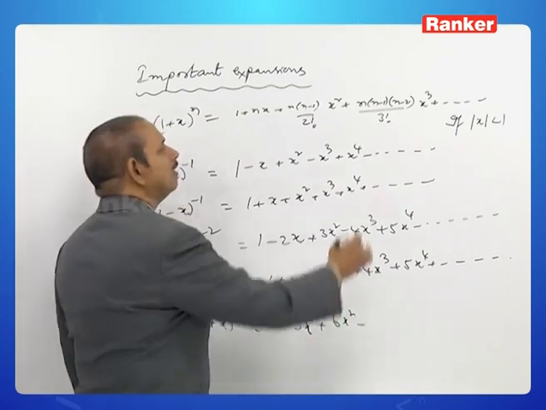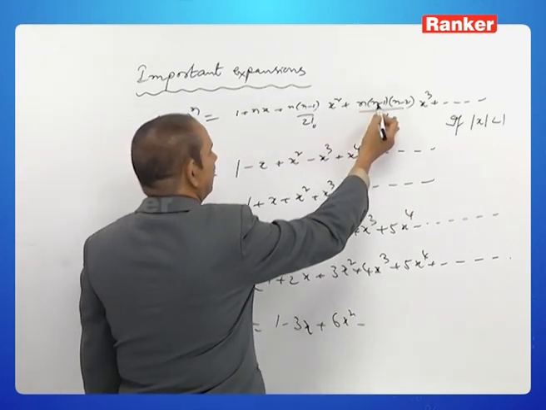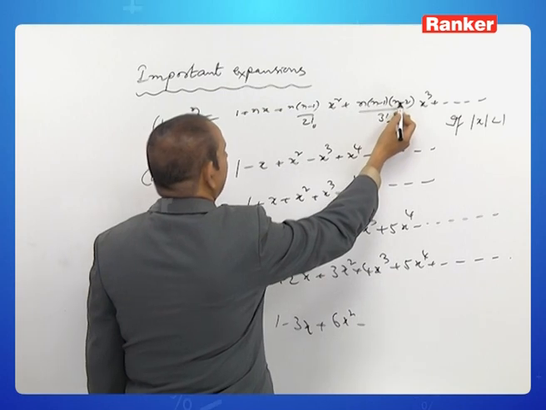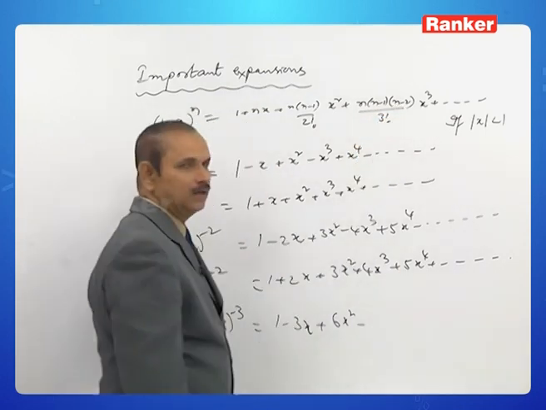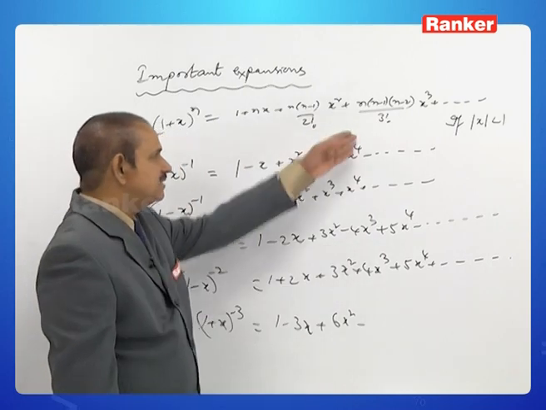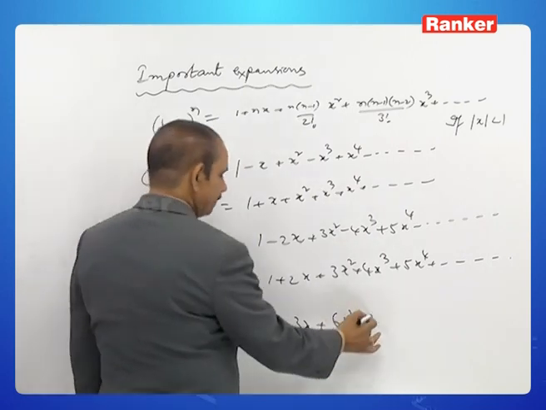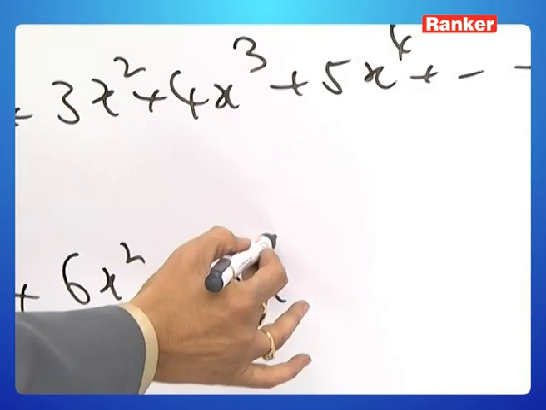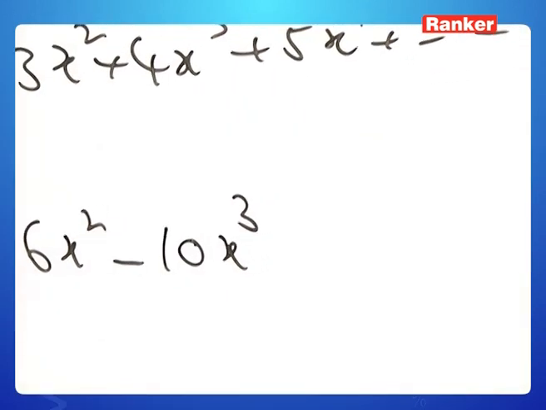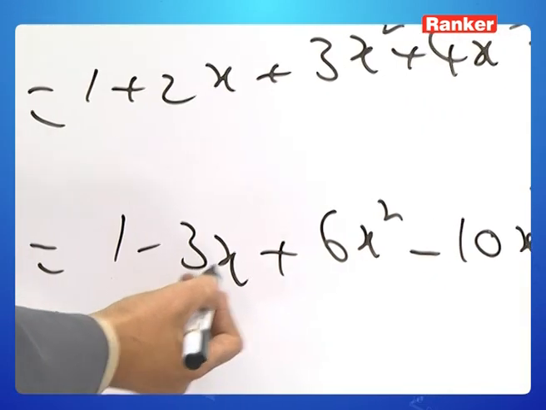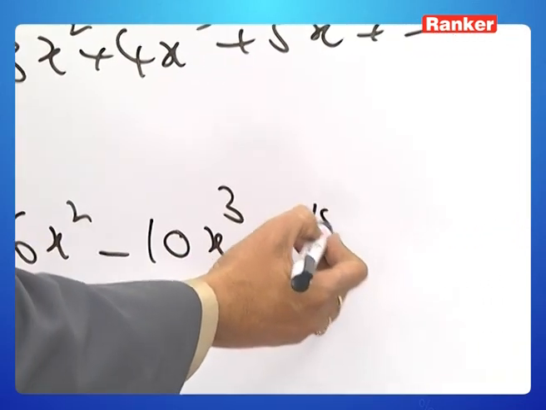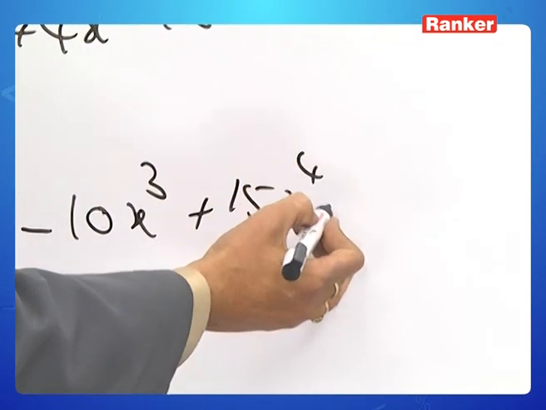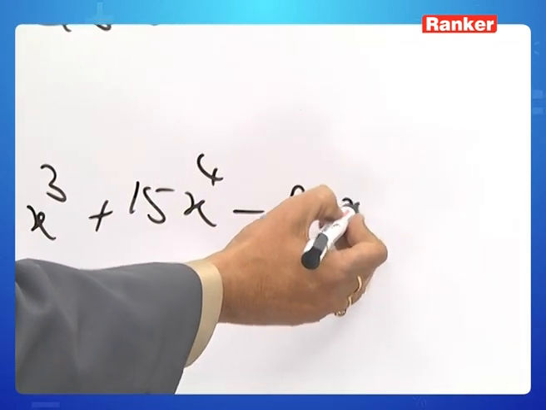Next, minus 3 minus 4 minus 5, minus 60 by 6 is minus 10 x cube. 1 increased by 2, increased by 3, increased by 4, now increased by 5, again increased by 6 and so on.